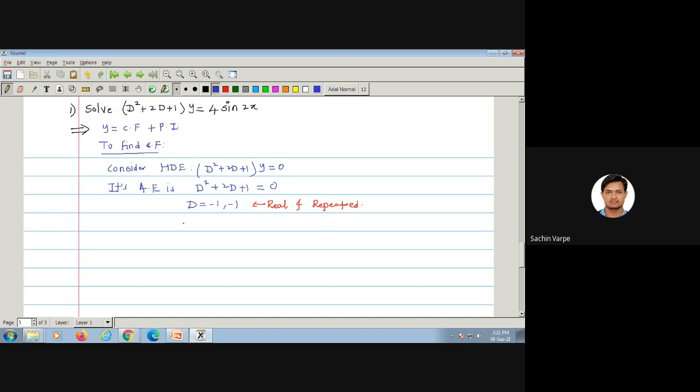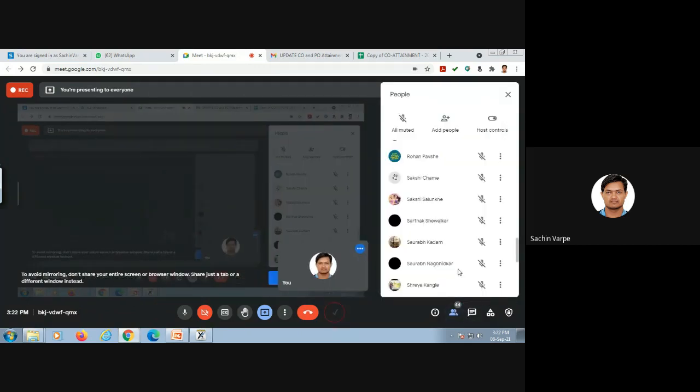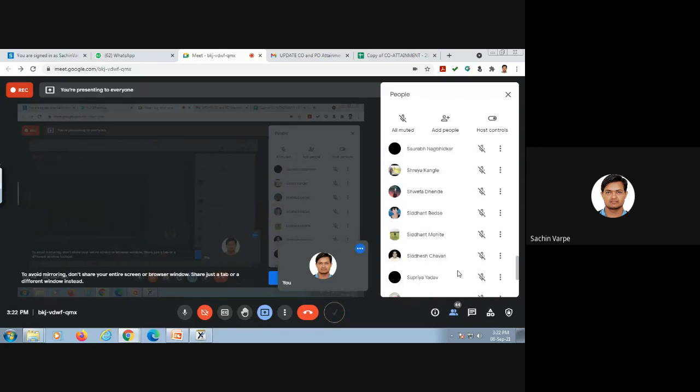So therefore, the complementary function is, how do I write the complementary function? Just a minute. Let me ask someone. Siddesh Chavan, Siddesh, just unmute yourself.